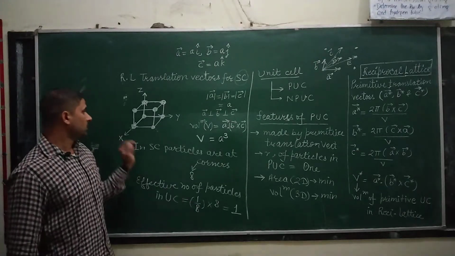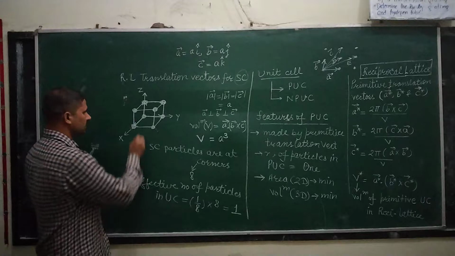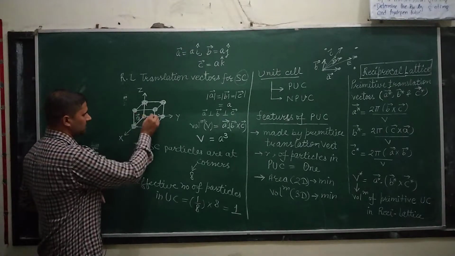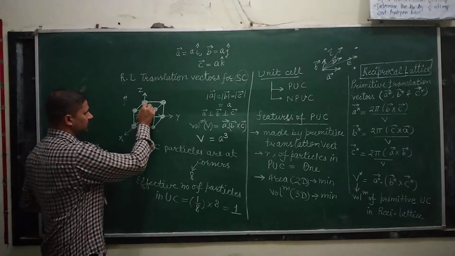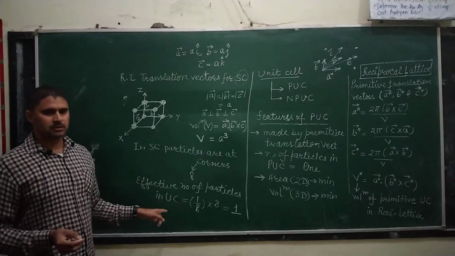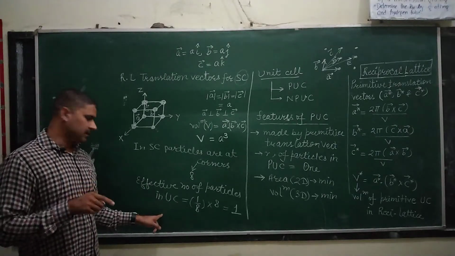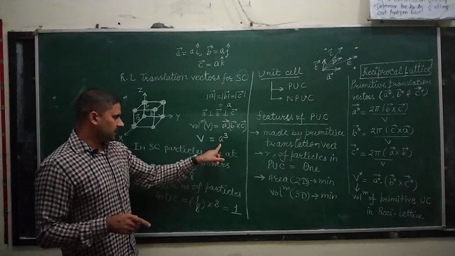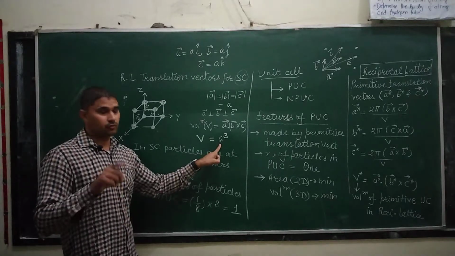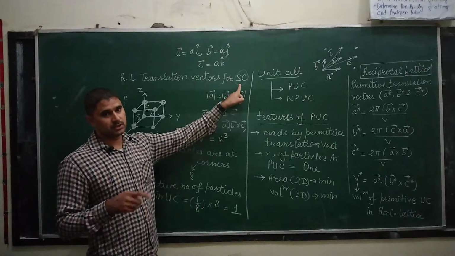So I can say now vector A, vector B and vector C are forming a primitive unit cell. And this volume A cube is the minimum volume in case of a simple cubic.